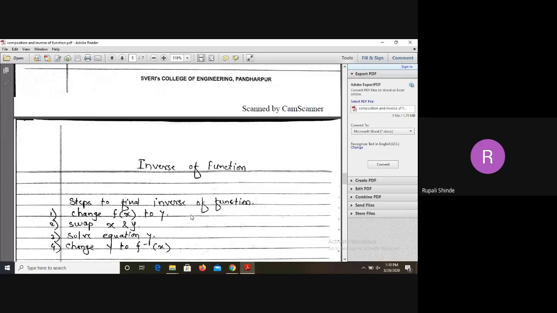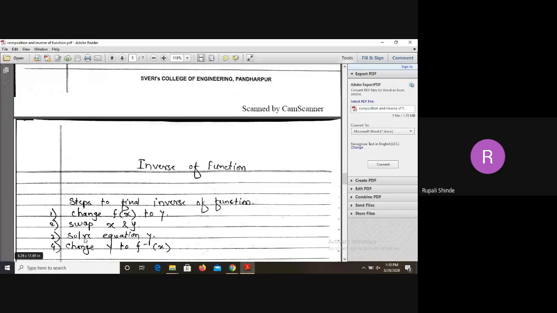Here f of x is a function and we have to change that f of x to y. Second step, we have to swap x and y.